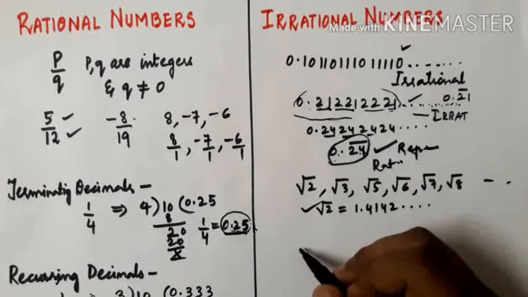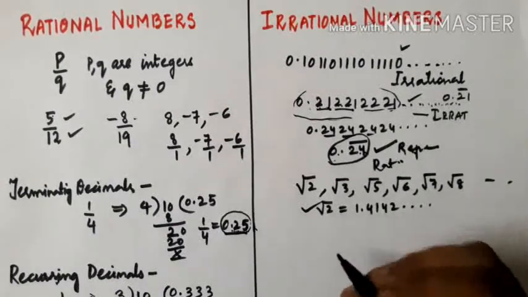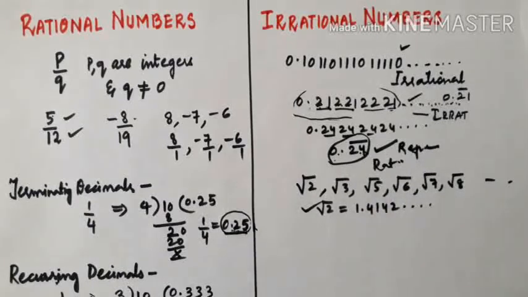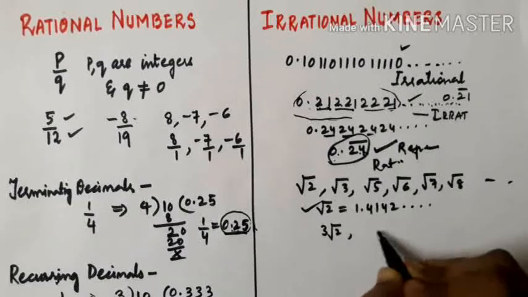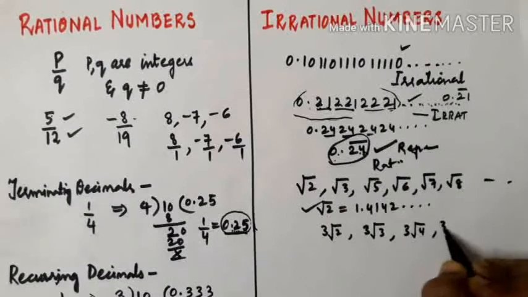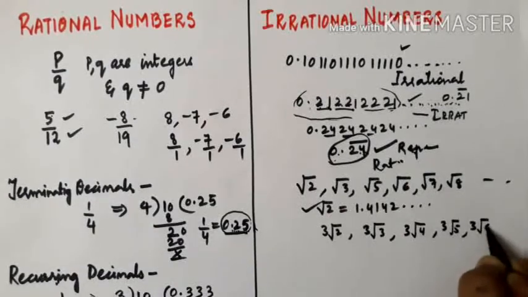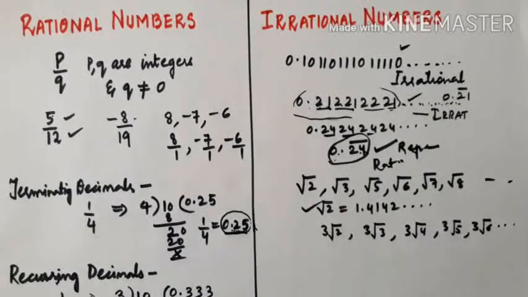Next, cube roots of non-perfect cubes are also irrational: cube root 2, cube root 3, cube root 4, cube root 5, cube root 6, all are irrational numbers. Because clearly they are non-terminating and non-repeating.